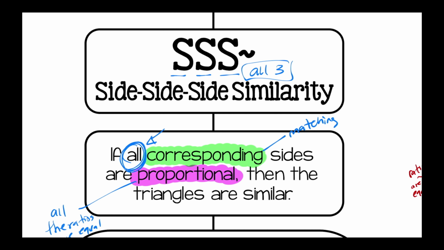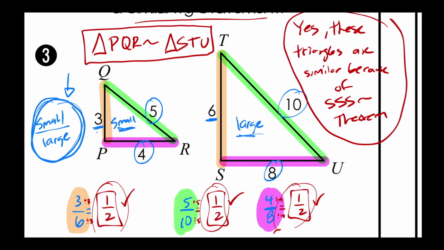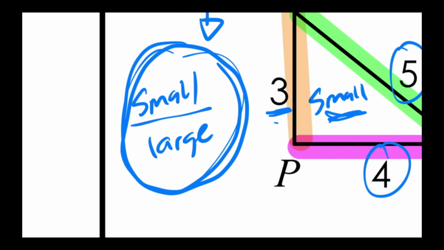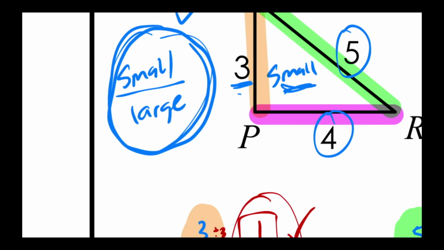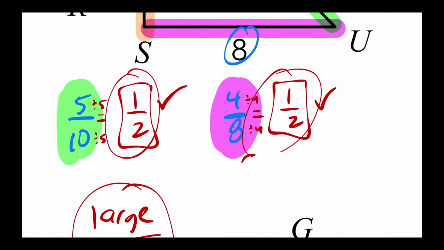Then we have SSS similarity, side, side, side. Since we're looking for similar, we're looking for three sides that have the same ratio, right? And remember, we used the colors to match up the sides, the orange sides, the green sides, the pink sides. Then we make ratios for all three colors. Make a ratio for the orange, make a ratio for the green, make a ratio for the pink.